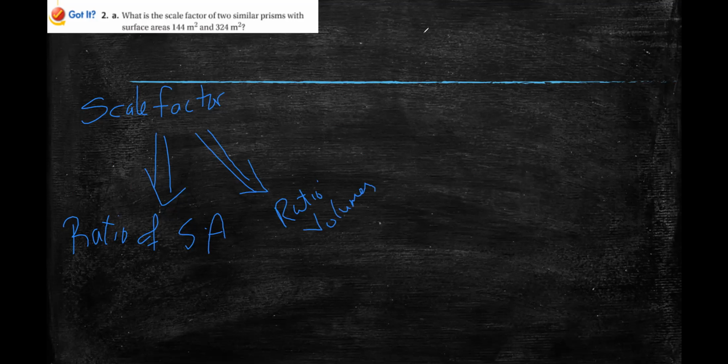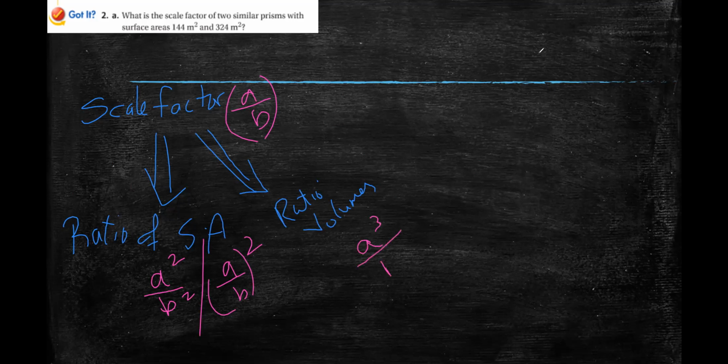Now, the scale factor can be written as A over B. The ratio of surface area is A squared over B squared, or A over B squared. The ratio of volume can be written as A cubed over B cubed, or A over B cubed.